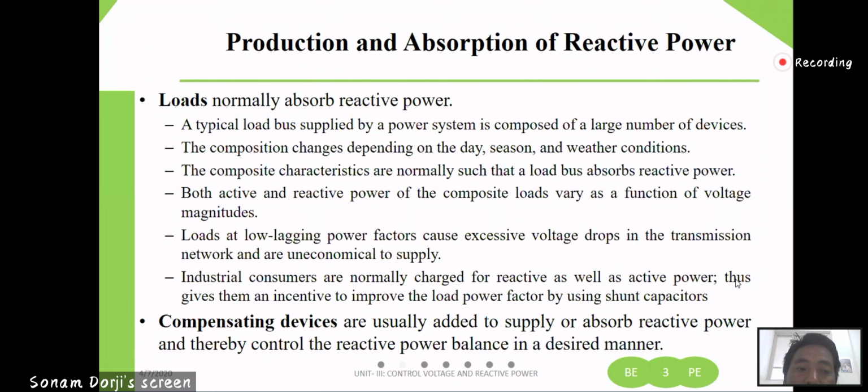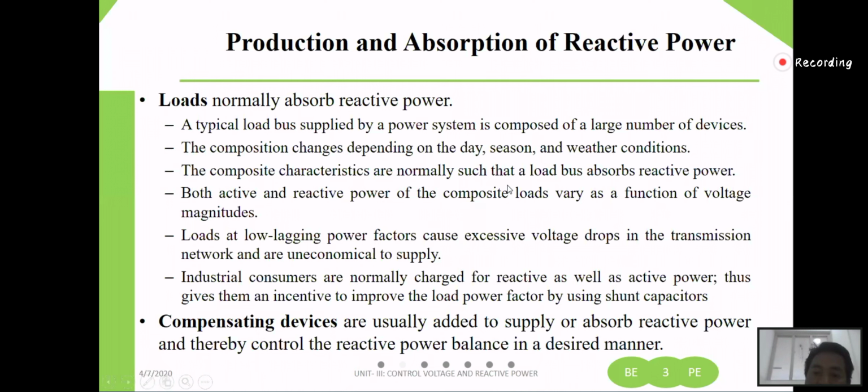If you know these devices, then we will know which type of compensating device we can choose for a transmission system. So this is just the basics of production and absorption of reactive power.